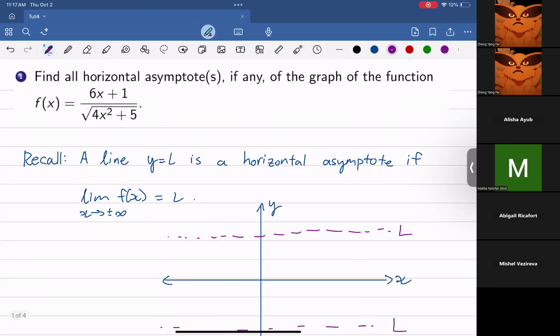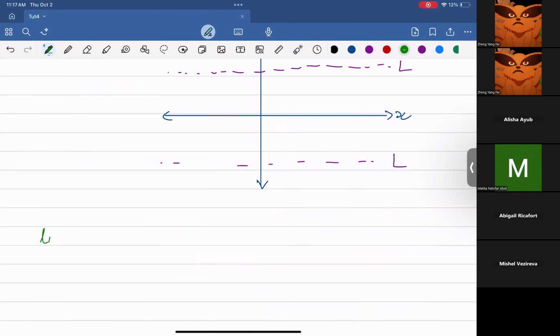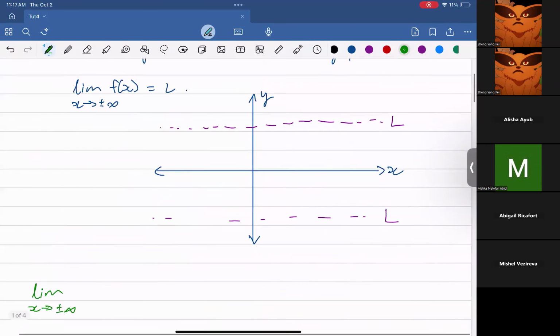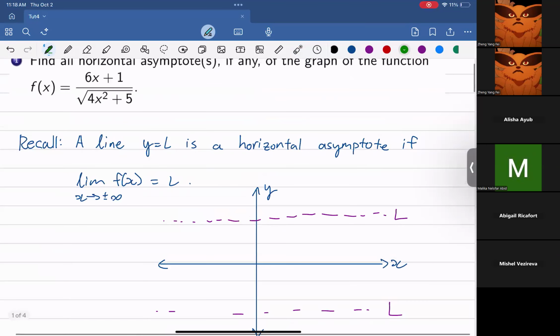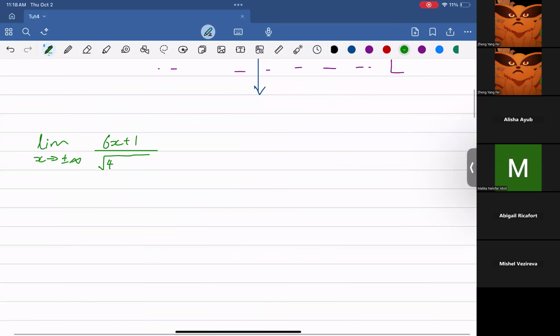We have the limit as x goes to plus or minus infinity of 6x plus 1 divided by the square root of 4x squared plus 5.